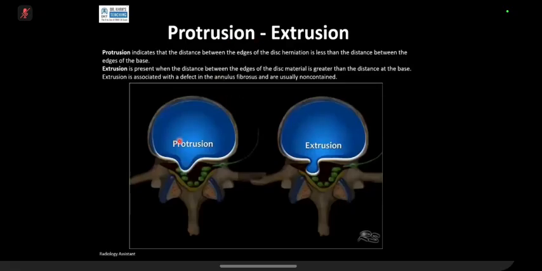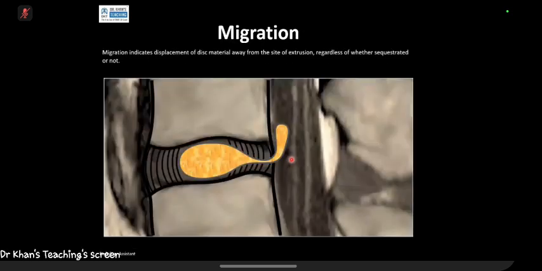I don't want to go into the definitions of protrusion and extrusion, but the Radiology Assistant, from the same 2014 reference which I have showed you, has given beautiful diagrams. So I recommend that you go through them, extrusion versus protrusion, and use them. In the real world, extrusion versus protrusion on an axial slice is difficult. Usually you will take help of the sagittals.